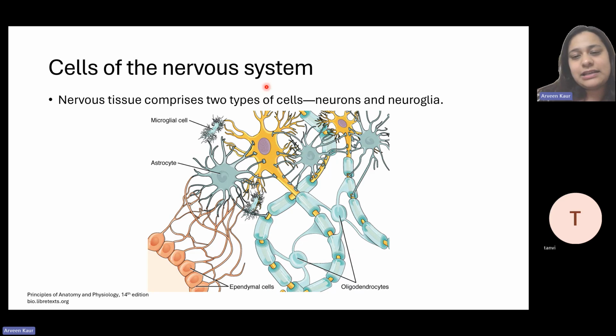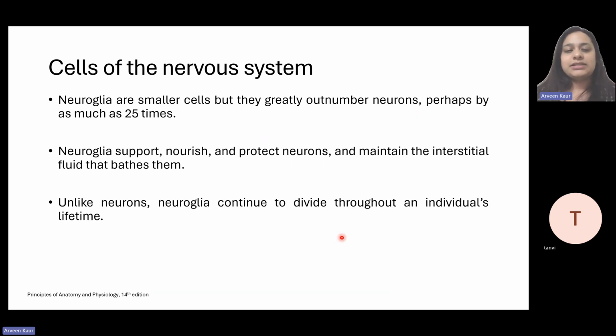So this big cell is a neuron, and these smaller cells are smaller as compared to the neuron. Astrocyte is still big. Microglia is smaller. Ependymal cells are smaller. These oligodendrocytes are also almost as big as astrocytes, right? So these are outnumbering the neurons by a lot, right?